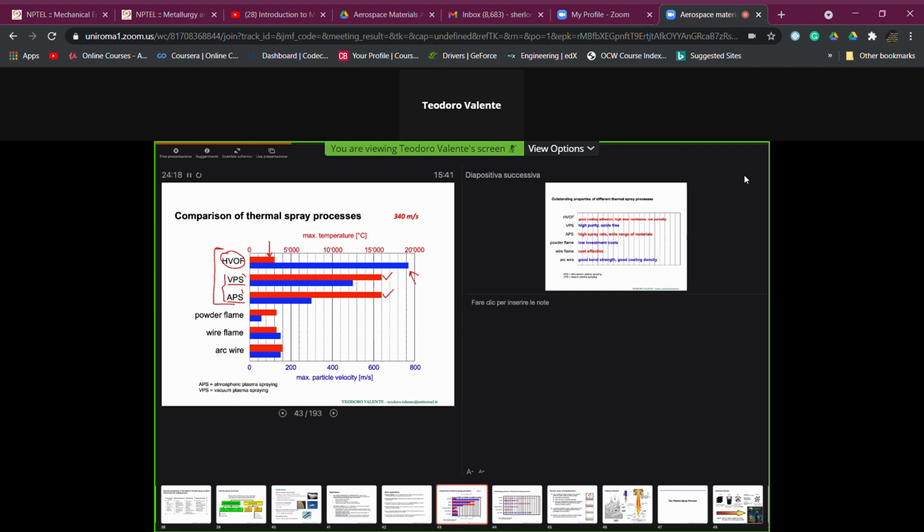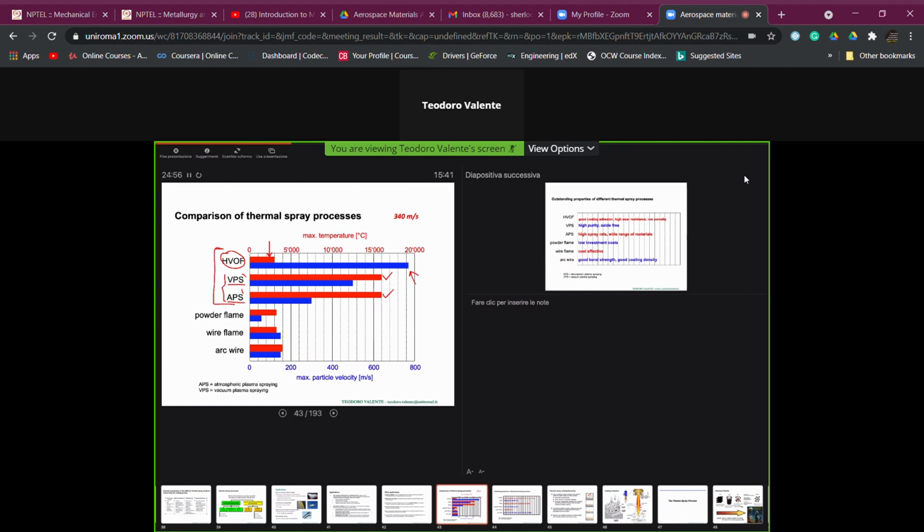You can see also another quite interesting thing. First of all, these very high values of velocities allow us to understand why, generally speaking, with the exception of APS, they are very noisy processes, because we have velocities higher than 340 meters per second.